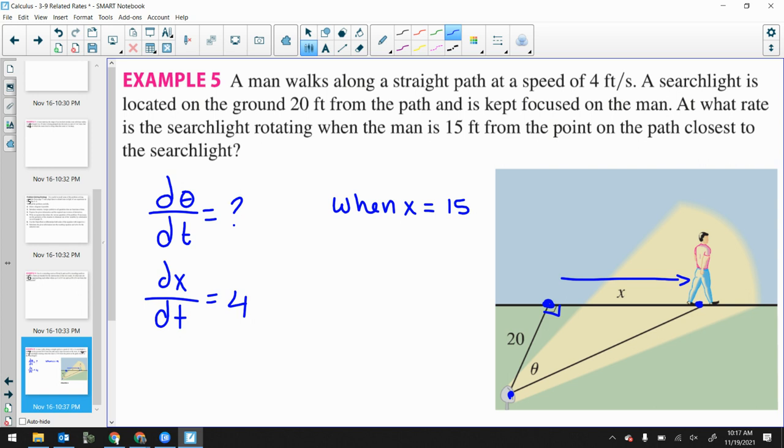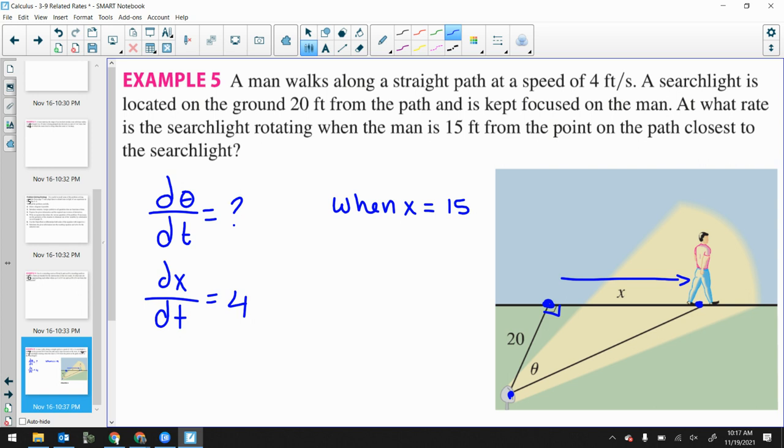Now, am I going to use the Pythagorean Theorem? Because that might be our instinct. If we see a right triangle, it might be our instinct to do the Pythagorean Theorem. But if we try, we would say x squared plus 20 squared is equal to z squared, if z is our hypotenuse. However, I need to have something in terms of theta, right? Does theta exist in my Pythagorean Theorem?